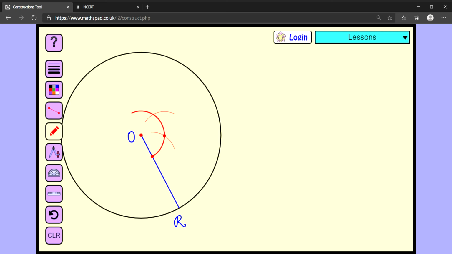So this point will give me 120 degrees. I actually went ahead and constructed 90 degrees, which is not required. I just need 120 degrees. Let's use a ruler and finish the construction for the radii.